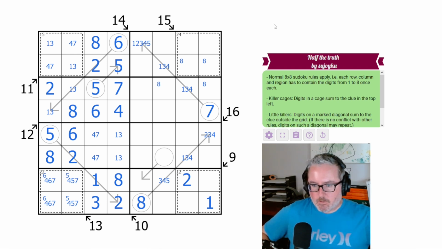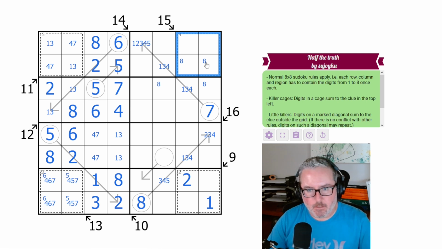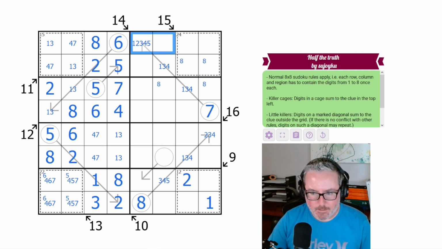Which is going to give us, what, 21? So we'd have 3 left over. So we can't put a 1 or a 2 in the 24 cage, which means one of these is a 2. And any of these could be a 1.